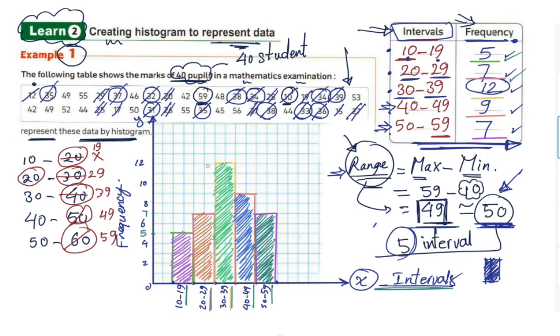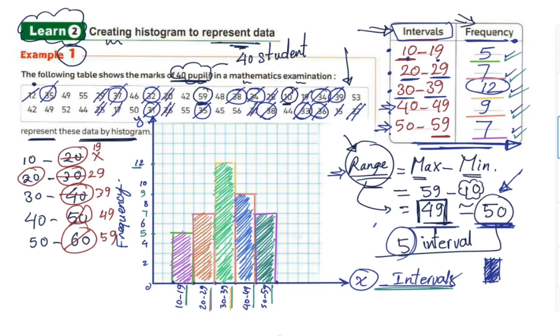The third one ends with 12. The fourth one ends with 9. The fifth one also ends with 7. Now we finished the first example for representing data on a histogram.